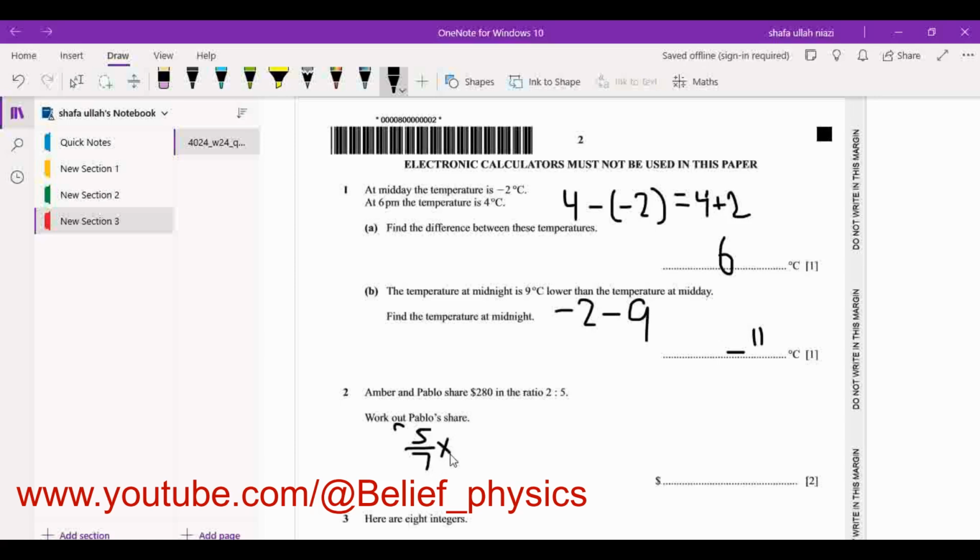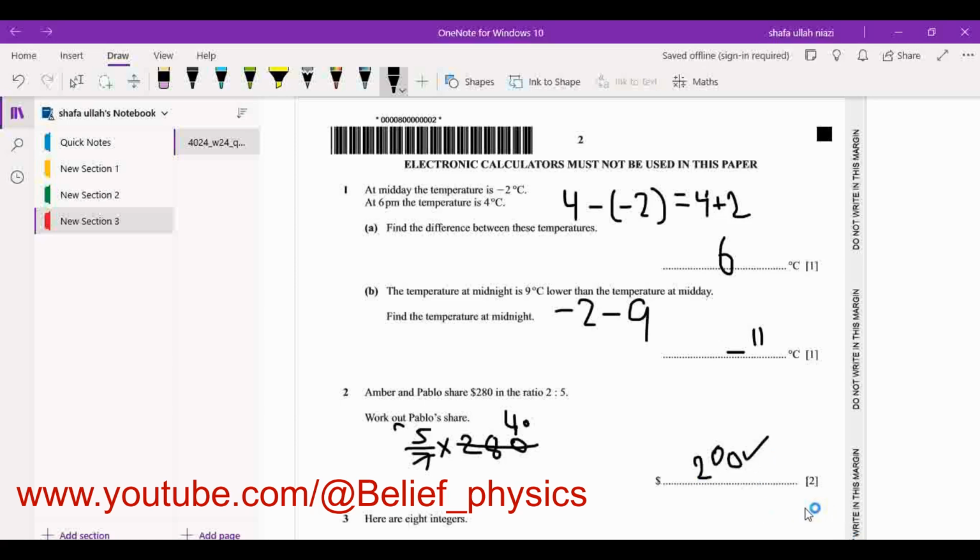So we write 5/7 times 280. 7 parts are 280, so one part is 40, and 40 multiplied by 5 is 200, so the answer is $200.